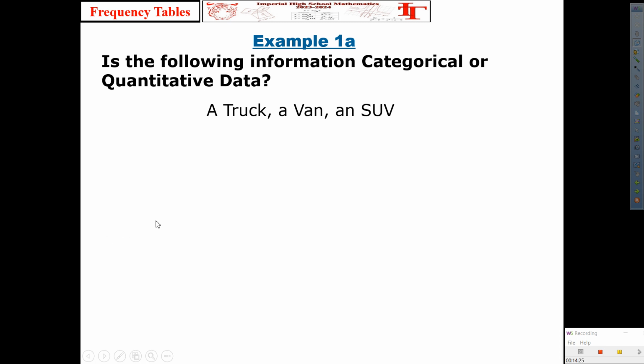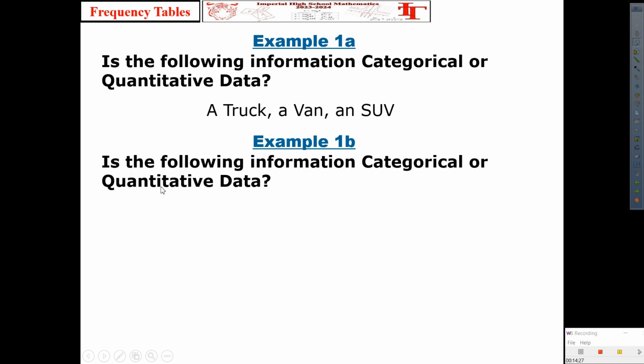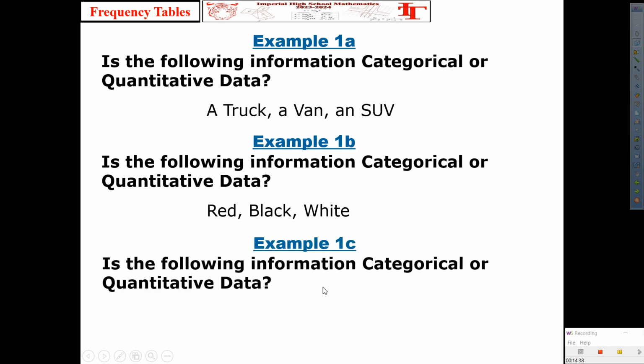Okay, here goes another. Example 1B. Is the following information categorical or quantitative? Everyone? Categorical. Okay. Is the following information categorical or quantitative? Everyone? Quantitative, because this one actually has ounces.